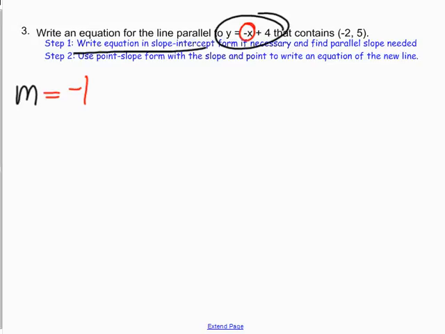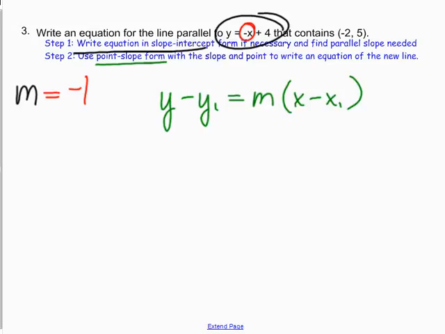Now we're going to use the point slope form with that slope in order to figure out the equation for a parallel line. So the point slope form, remember, is y minus y1 equals m times x minus x1.